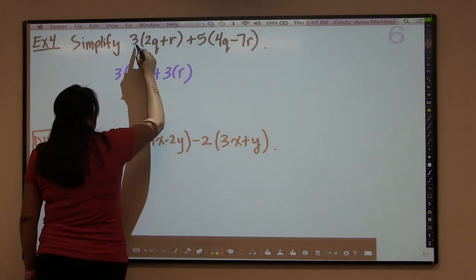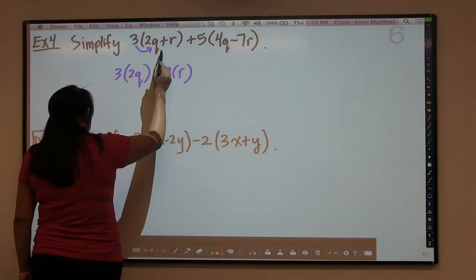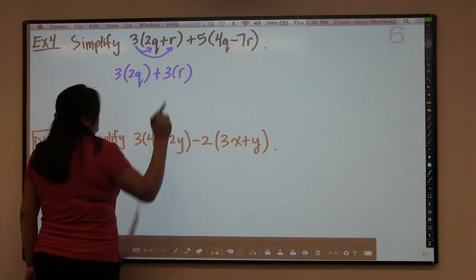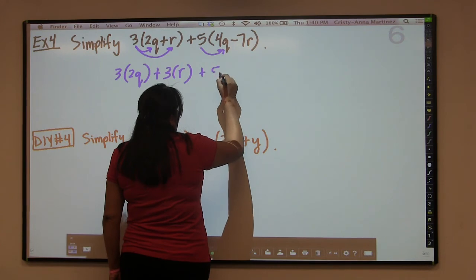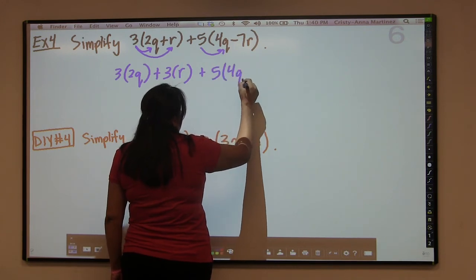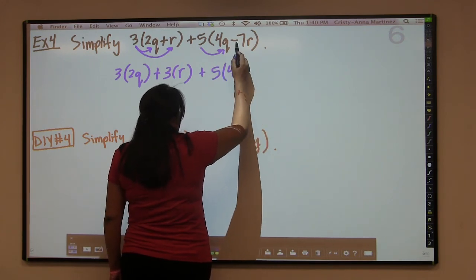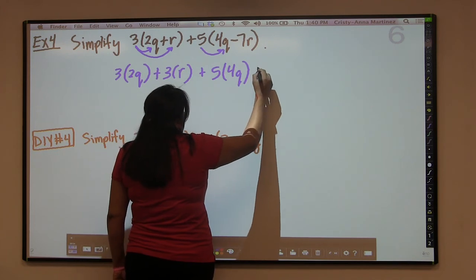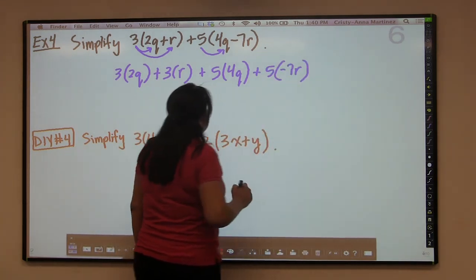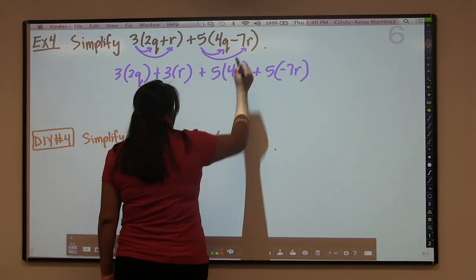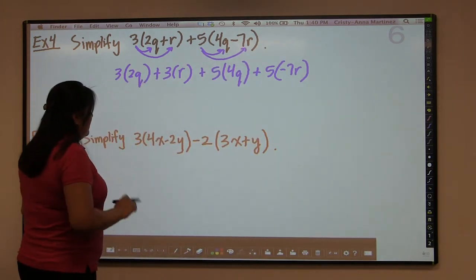So literally 3 times 2q and then a plus 3 times r. And the same thing for the other side. We're going to do 5 times 4q. And then this is a negative here, or you can just go plus 5 times negative 7r, which is 5 times negative 7r.